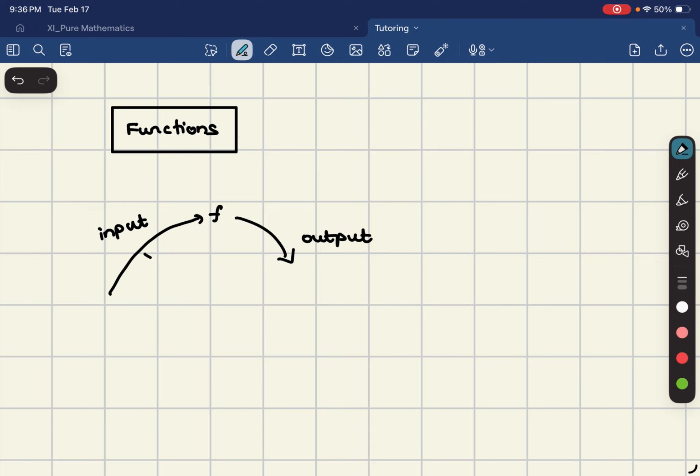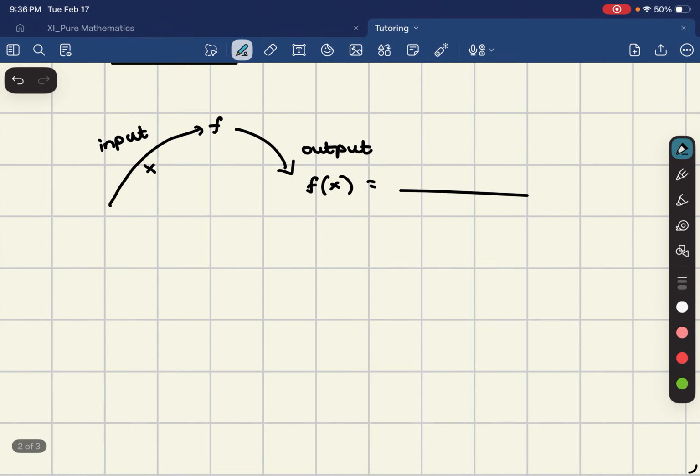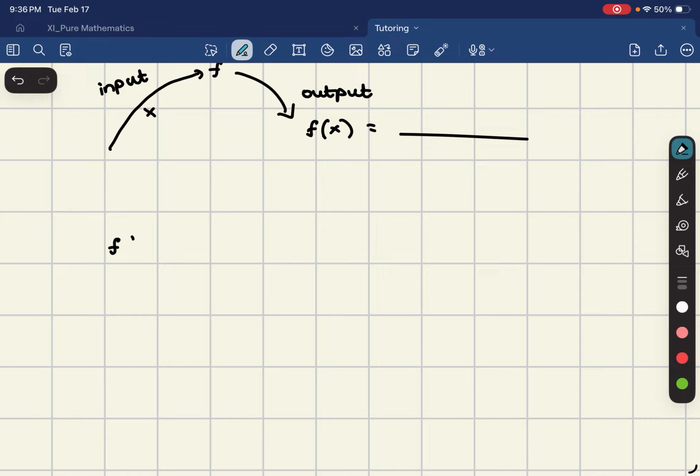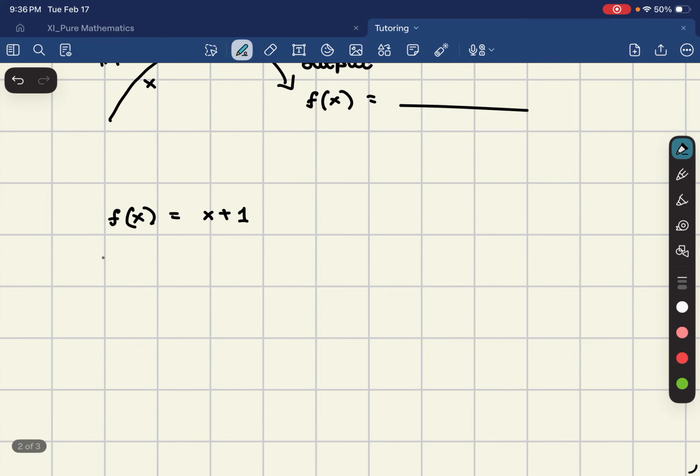So basically your input will be some value of x and your output will be f of x is equal to something, right? So let's take a look at this. Let me give you a very simple function, f of x is x plus 1. Now, say if my input x is equal to 1, then my output is 1 plus 1 equal to 2. So this is my input.